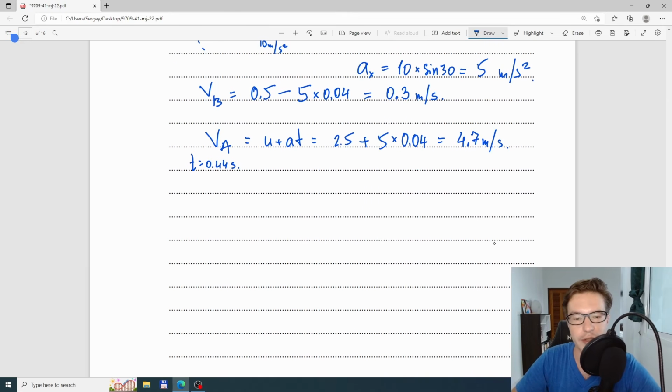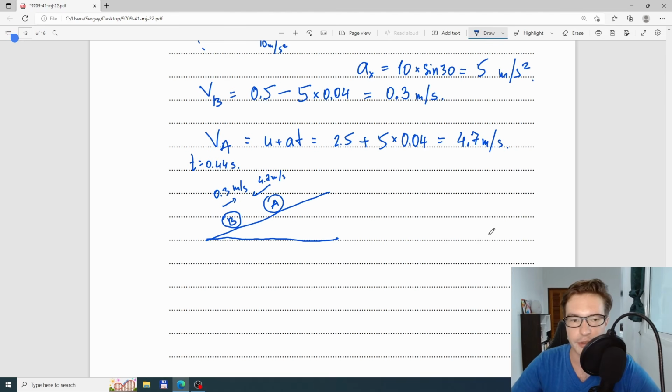Now, to find the velocity after the collision, we will have to use conservation of momentum one more time. Particle B, then particle A. Okay, velocity of B is 0.3 meters per second. Velocity of A is 4.7.